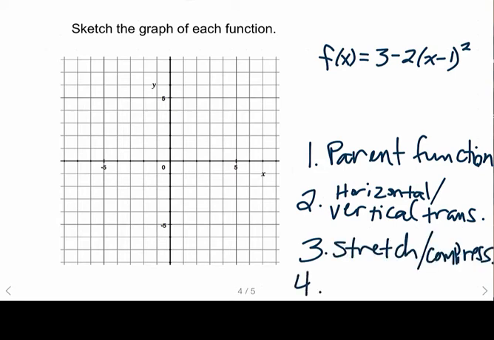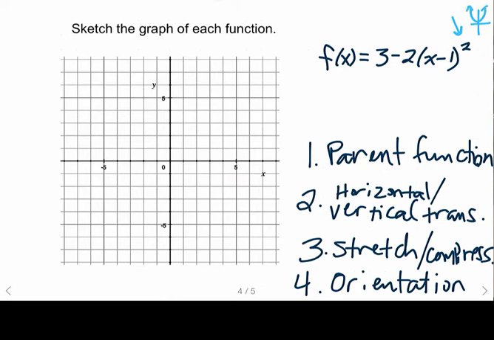And finally, the orientation, whether it's been reflected either vertically or horizontally. So in the case of f of x is equal to 3 minus 2 times the quantity x minus 1 squared, the first thing I notice is that there's a squared. That indicates to me that it's going to be a parabolic function.